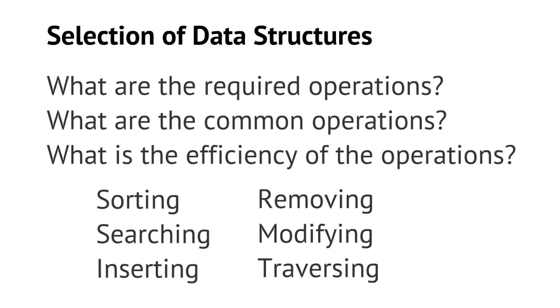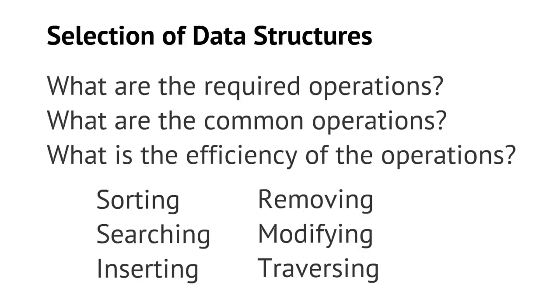And this is really one of the important things, in terms of software development, is actually selecting the appropriate data structures. And we have to think about what operations are required, what are the common operations, what is the efficiency of those operations. So again, we have to think about, are we going to be searching through this data a lot?